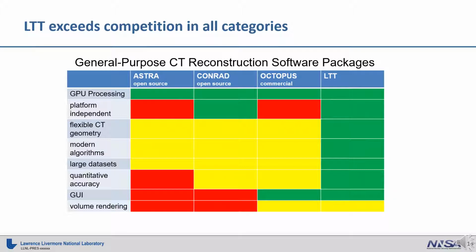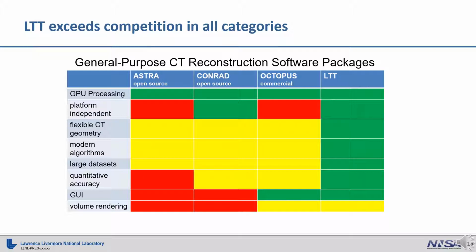And in practice, that never happens. So actually painting it yellow was perhaps a generous thing. The next one, modern algorithms. Some of these packages are doing okay. They have some algorithms in it. I would say they're a bit dated, but they do have some, for instance, iterative reconstruction algorithms, but they don't nearly compare to what LTT can do.